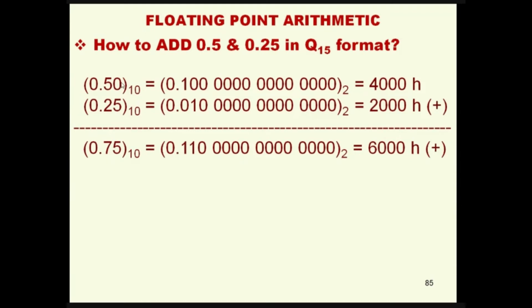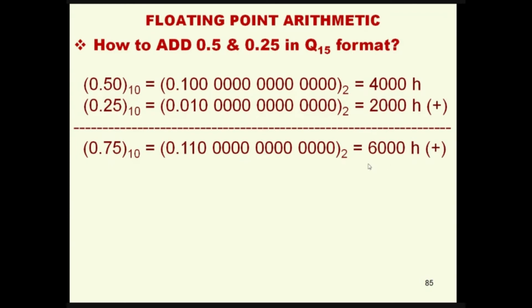Just now we have seen examples for all three decimal floating point numbers, where 0.5 is 4000 in hexadecimal, 0.25 in Q15 hexadecimal representation is 2000, and 0.75 in Q15 hexadecimal representation is 6000. From this example, it is 100% clear that we can represent floating point numbers in a fixed point processor in Q15 format.